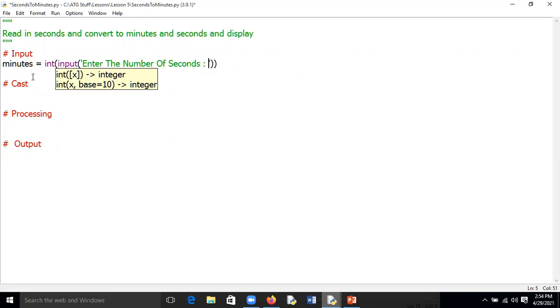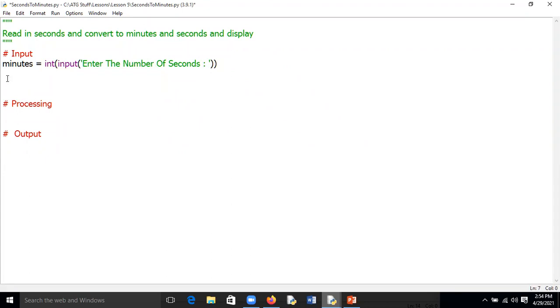Okay, I'm going to take this cast out here because we did the cast already in our input statement. Now let's go look at the processing. So firstly, I've got seconds. I want to convert it to minutes. How many seconds make up 1 minute? 60 seconds. So if I had 120 seconds, for me to know how many minutes it's going to be, I'm going to divide the 120.